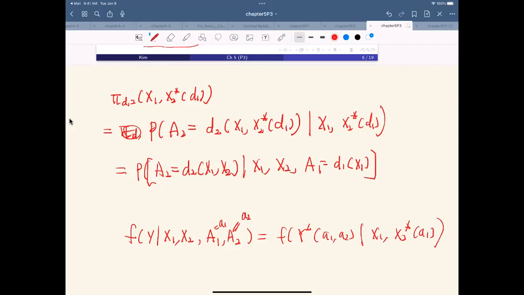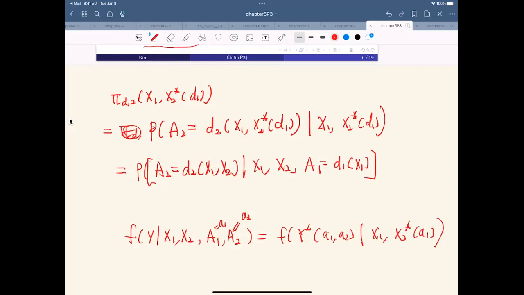So this is the conditional density in terms of the observed data, while this is the conditional density in terms of the potential outcome. They are equal. That is the G formula, right?